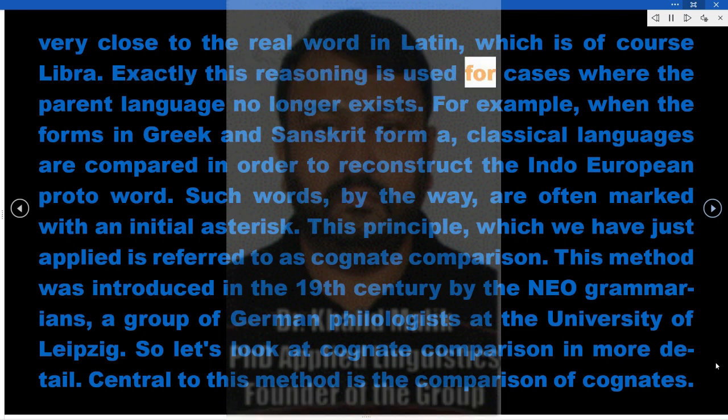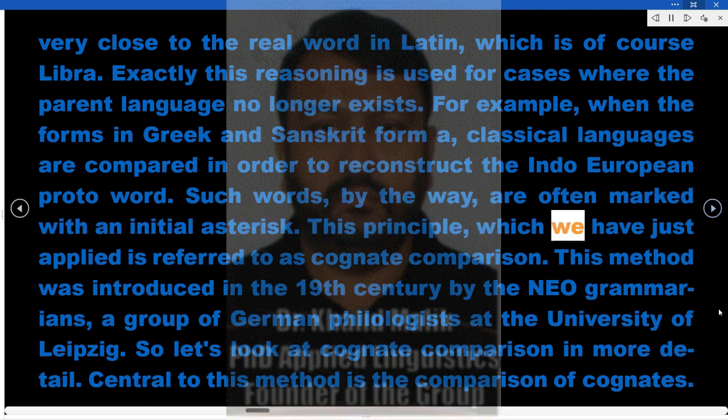Exactly this reasoning is used for cases where the parent language no longer exists. For example, when the forms in Greek and Sanskrit, two classical languages, are compared in order to reconstruct the Indo-European proto-word. Such words, by the way, are often marked with an initial asterisk.